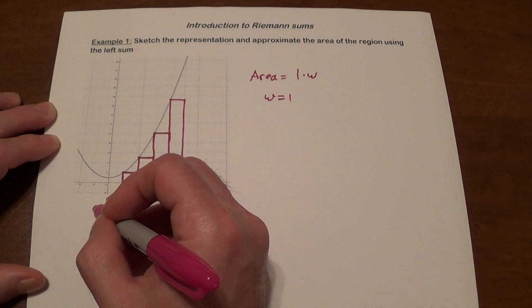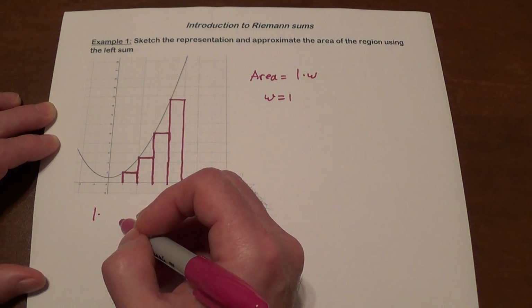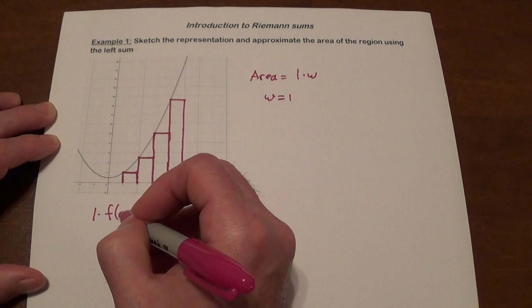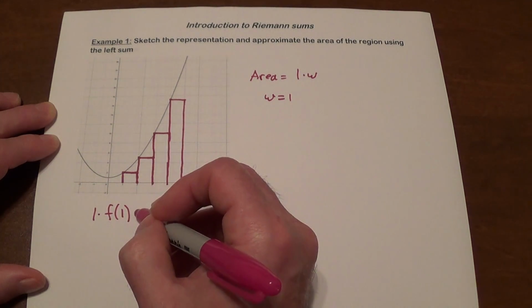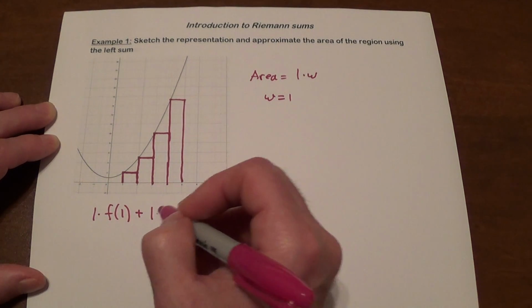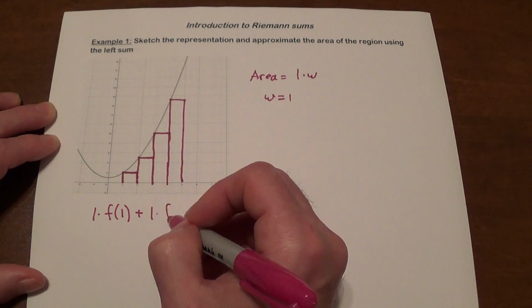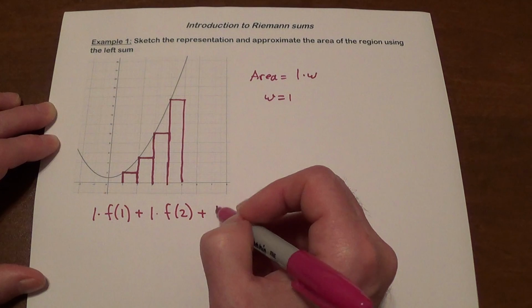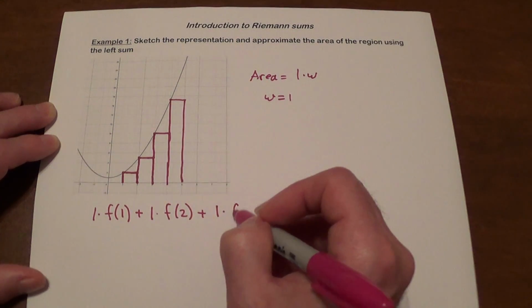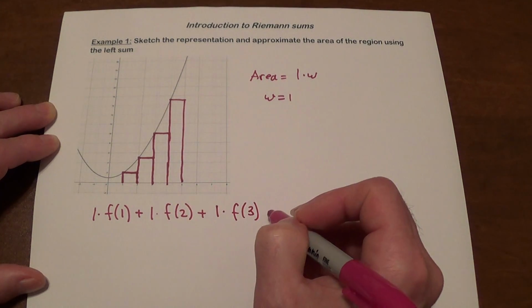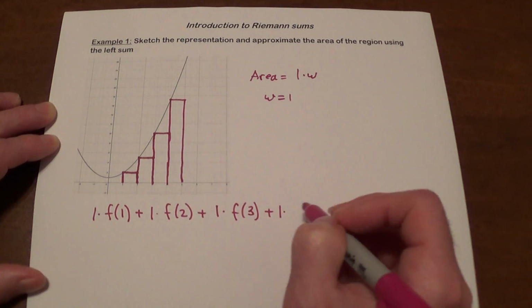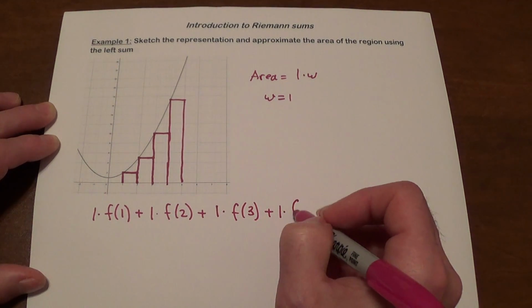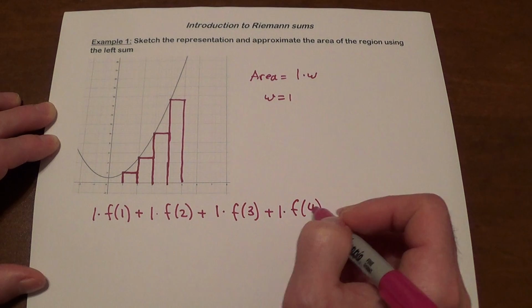So the width of the first rectangle is 1 times the height, which is f evaluated at 1, plus the width of the second rectangle, 1, times the height evaluated at 2, plus the width of the third rectangle, also 1, times the height evaluated at 3, plus the width of the fourth rectangle times the height evaluated at 4.